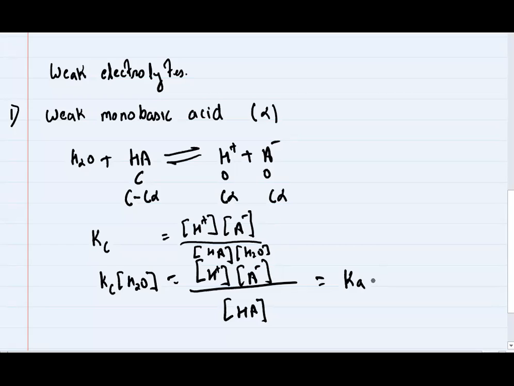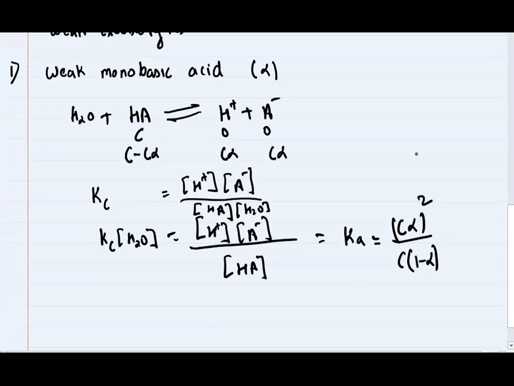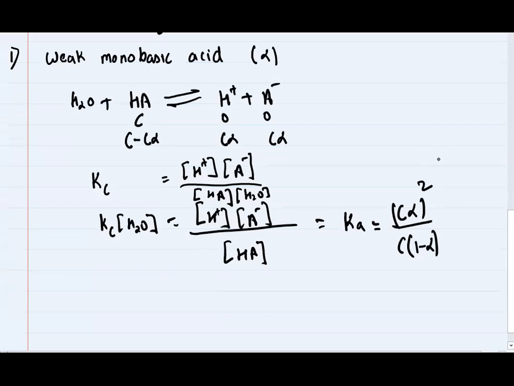So this can be written as C alpha whole square by C into (1 minus alpha), which we studied in the last class. Now we know that if alpha is very much less than 1, we can neglect alpha in 1 minus alpha.